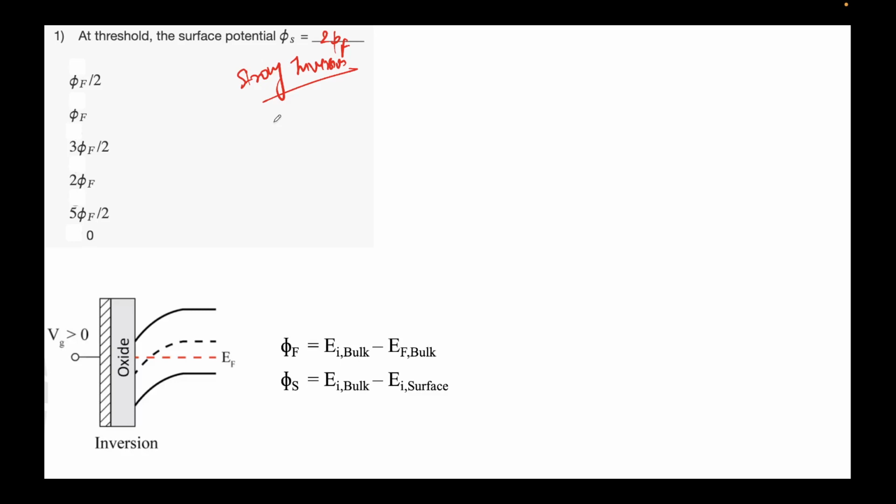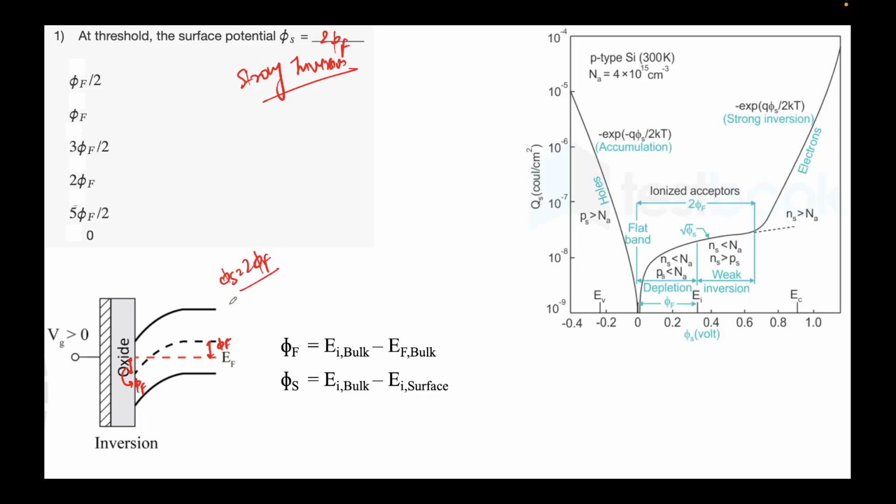So this is phi f, and this is also phi f. When this happens, phi s equals 2 phi f, and we have strong inversion. As I've told, after strong inversion there is an exponential increase in electrons.